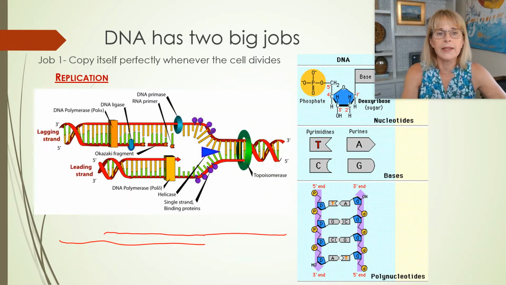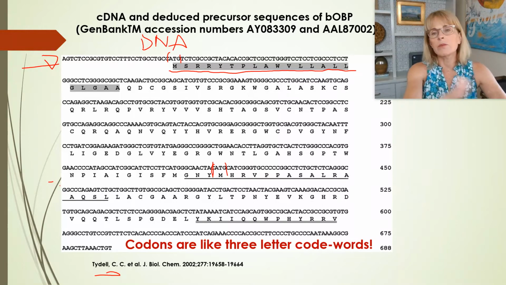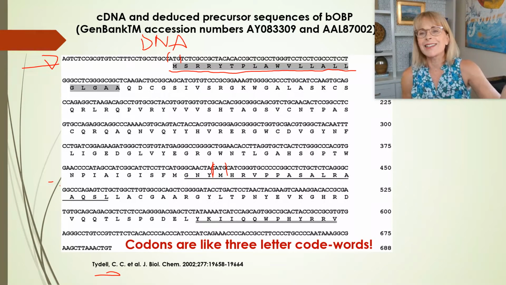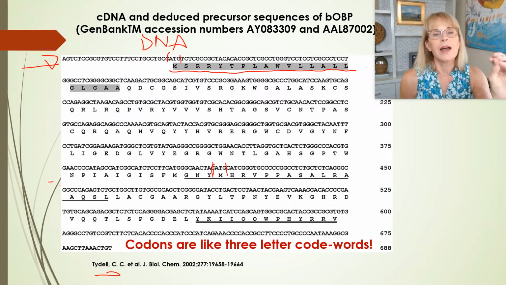Now, keep in mind that even here, seems like a whole lot of DNA. This is nothing. This is 700 bases, and keep in mind that even one of your chromosomes is millions of bases big, okay?